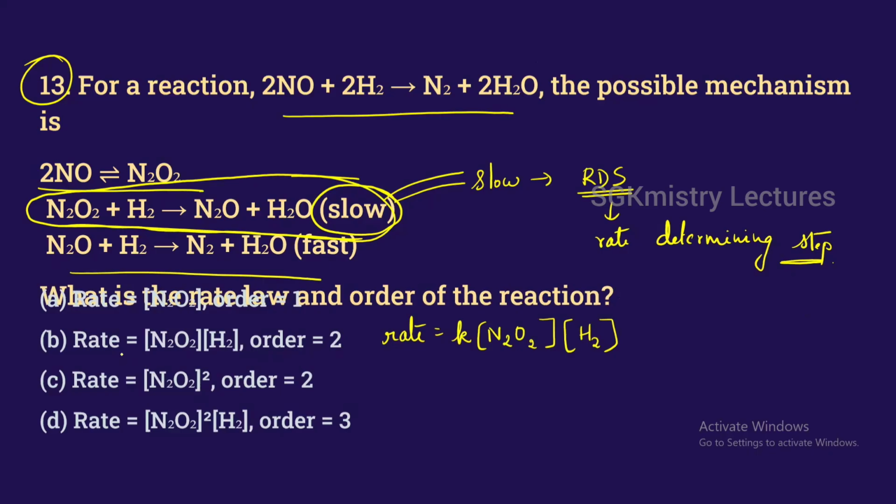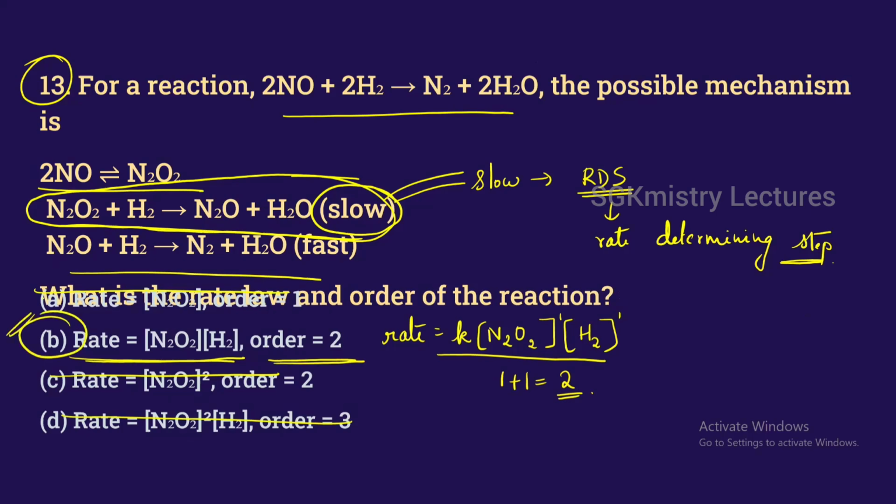We have this particular rate equation in this option only, whereas in all the other options, we don't have it. Then what will be the order of the reaction? Of course, the order will be 2 because this itself is the rate equation. Here it is 1 and 1. So 1 plus 1, order is 2. So we have option B as the right answer.